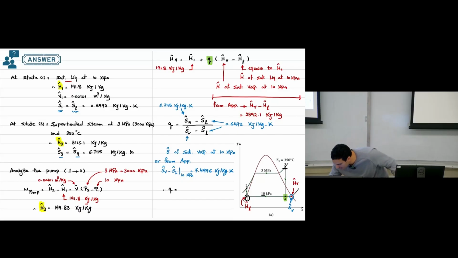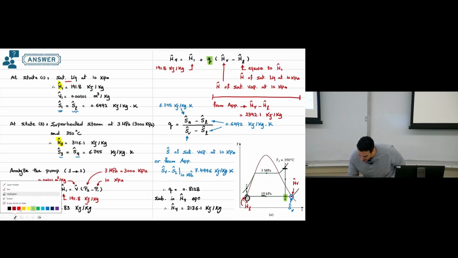Q will be 0.8128. Take this Q value, substitute in H4, and then you can find that H4, the enthalpy at point number 4, will be 2136.1 kilojoule per kilogram, and this is the last enthalpy value that we need to calculate.